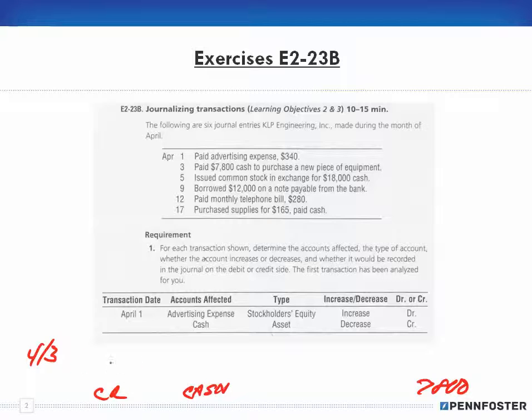Debits have to equal credits, so if I have a credit, I have to debit something else. Well, what am I going to debit? It says I'm purchasing a new piece of equipment, so I'd look at my chart of accounts, and I'd own the equipment, which is an asset. When I look down through those accounts, I'd find an equipment account. So I would debit the equipment account for $7,800.